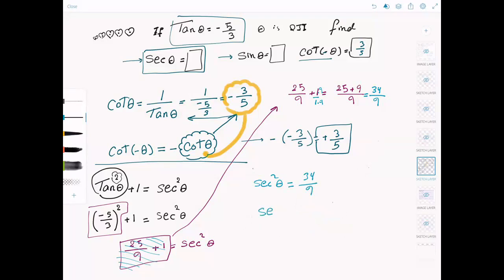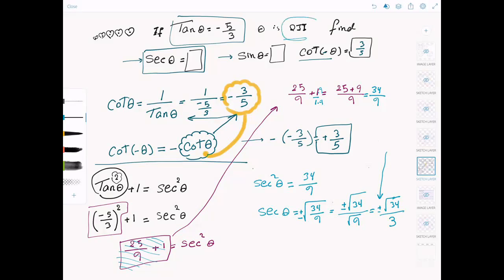Then secant of theta will be radical 34/9. Here is the important part. You need to put plus and minus: plus minus radical 34/9, which is plus minus radical 34 over 3. Now your job is to tell me, should we select plus or should we select minus?